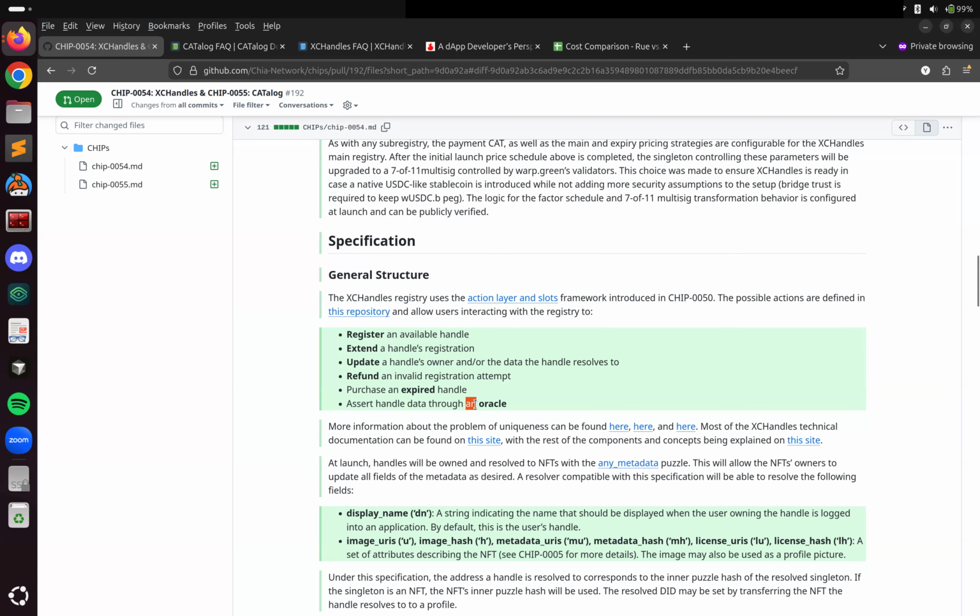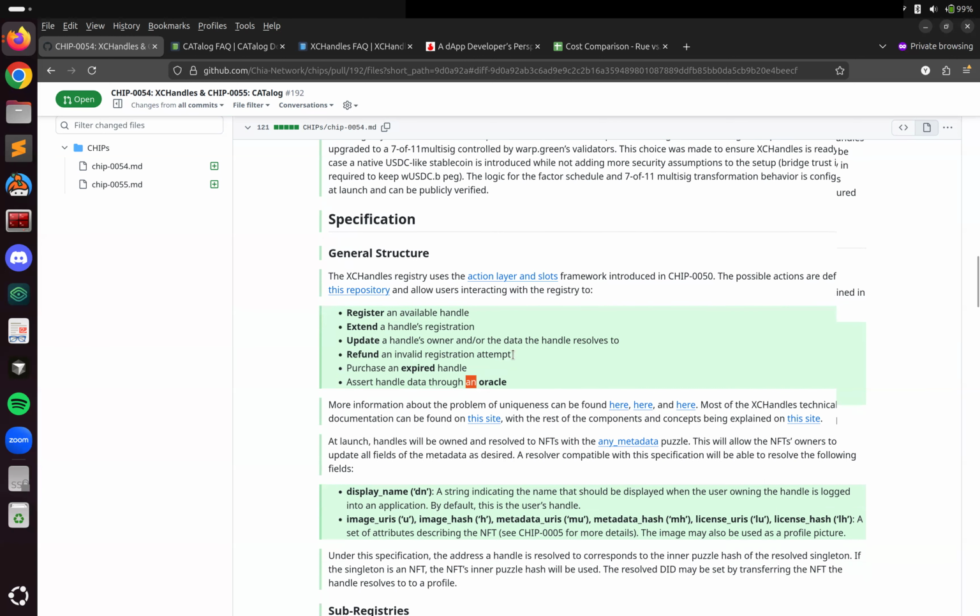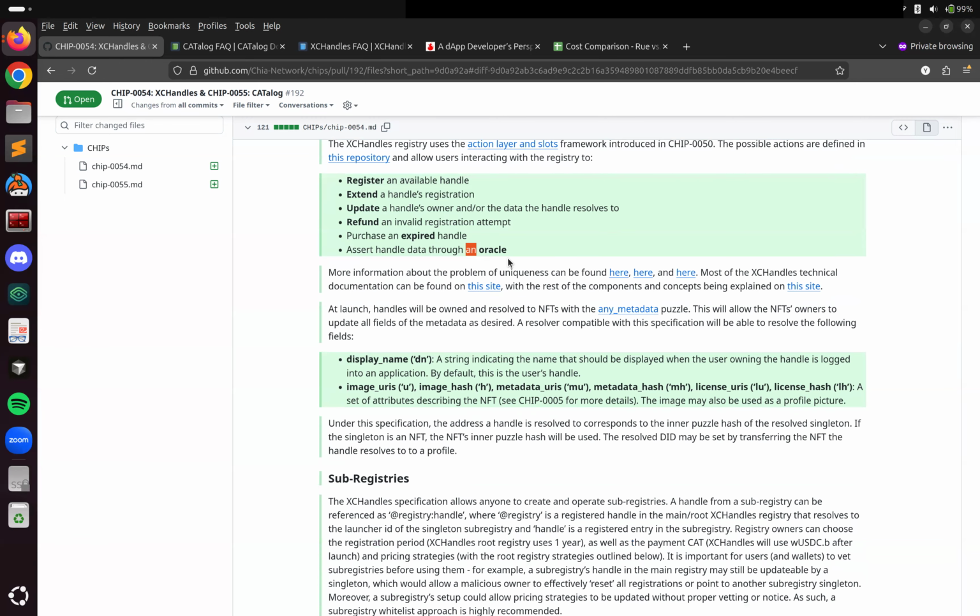And then there's a helper function that's not currently used, but it's very nice for integration with decentralized apps, which is an oracle. So basically, if you have a handle, you can do this interaction, and then the XCHandles singleton will essentially shout the data about your handle to confirm it. And that's useful if other apps want to assert it on-chain.